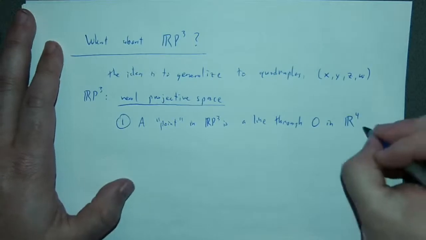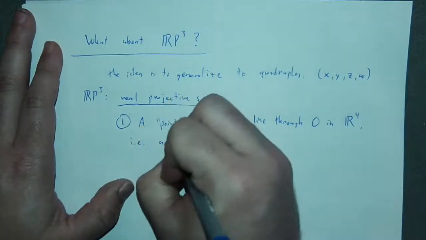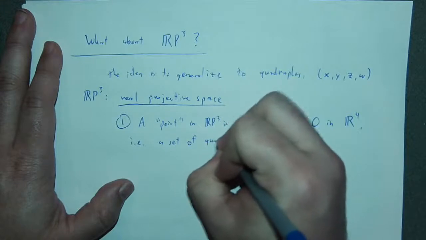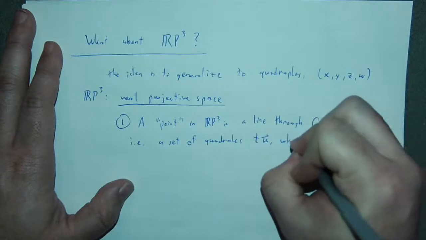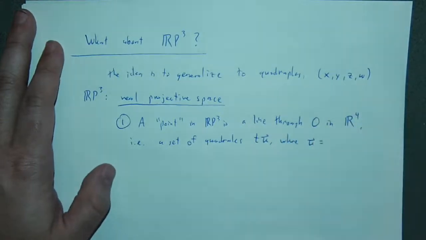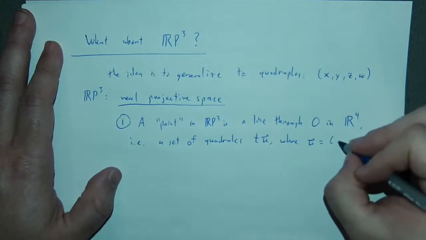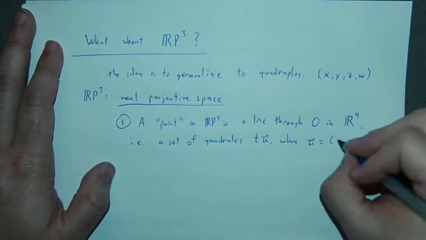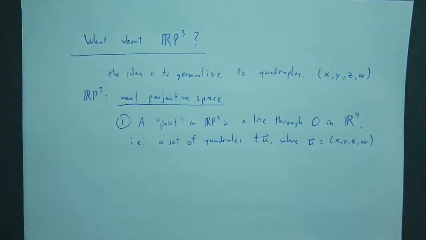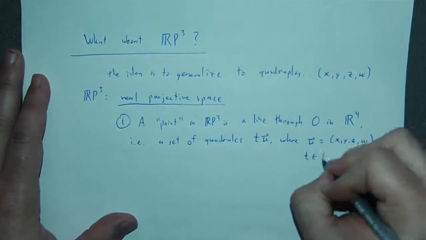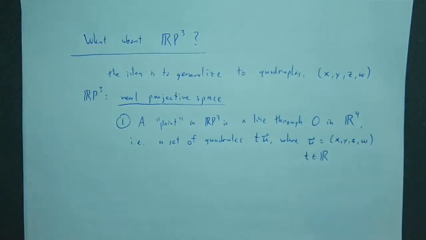That is, a set of quadruples tu, where this vector u is determined by x, y, z, w. I think the book reverses these and puts w first. That's perfectly fine. And t is running through all the reals here.